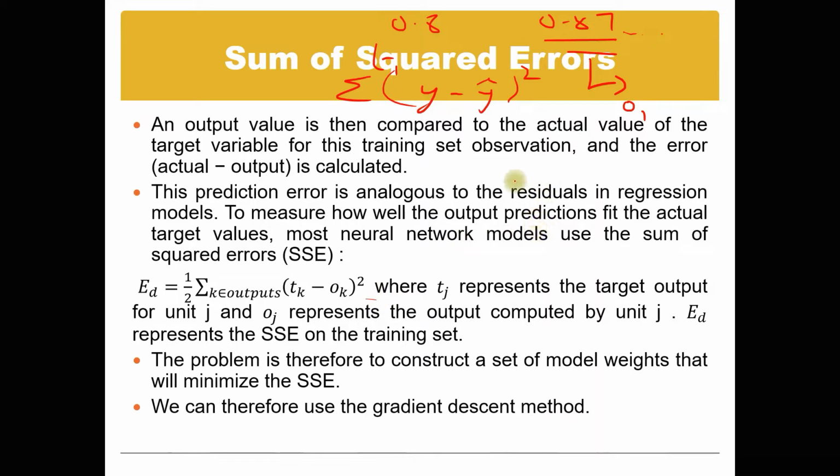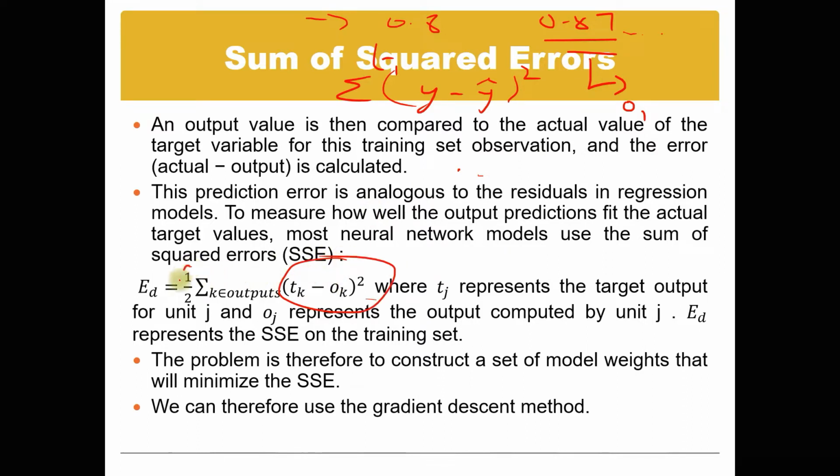If you have two output nodes, you will take t1 minus o1 squared plus t2 minus o2 squared. In other words, the 0.8 and the 0.87 are for one particular node, then you have the same thing for another node. You will need to repeat this process and add them.